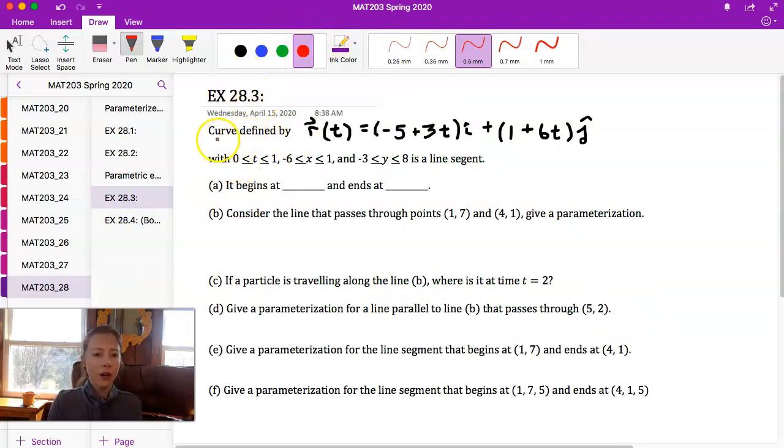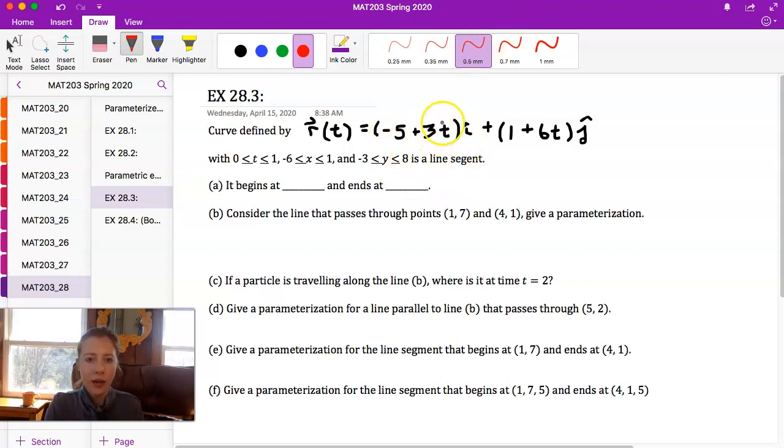We'll have a curve defined by the position vector, or the parameterized curve, r equals minus 5 plus 3t i hat plus 1 plus 6t j hat, with 0 less than or equal to time less than or equal to 1, minus 6 less than or equal to x less than or equal to 1, and minus 3 less than or equal to y less than or equal to 8.